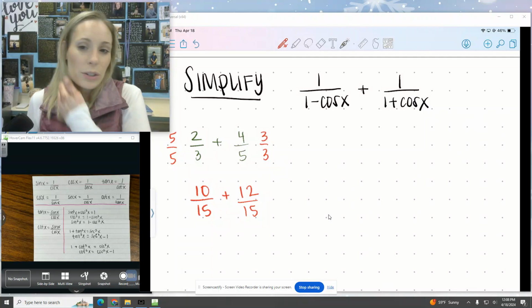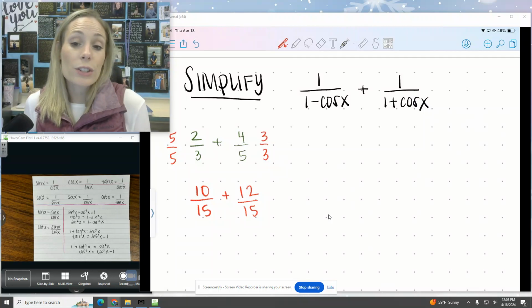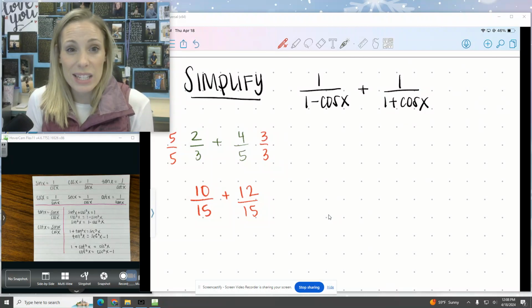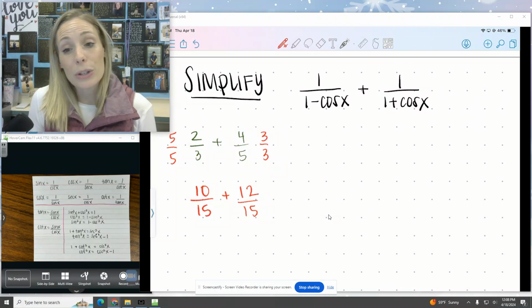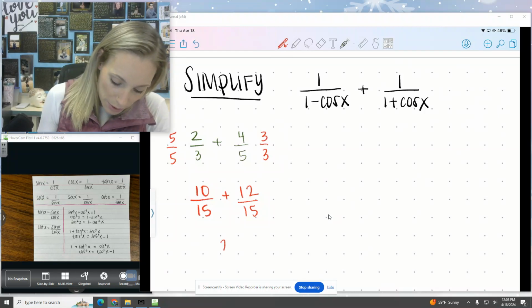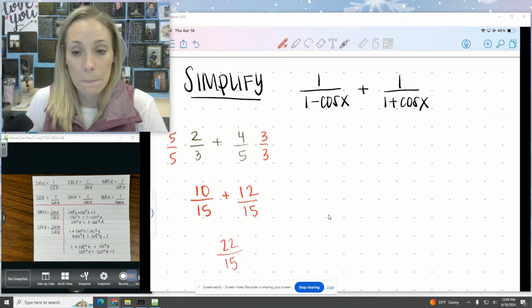That's why I'm allowed to do this. Then I add it to 12/15. In the end, I'm going to have a total number of 15ths, so 15 is my new denominator. 10 plus 12 is 22, and then you have 15ths.